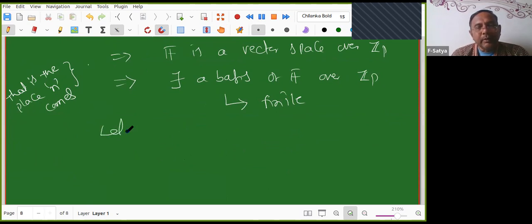So let us assume that this is v1, v2, and so on. You may not be happy because these are elements in the field, so why are you writing them like vectors? Okay, I'll write a1, a2, ..., an as a basis.